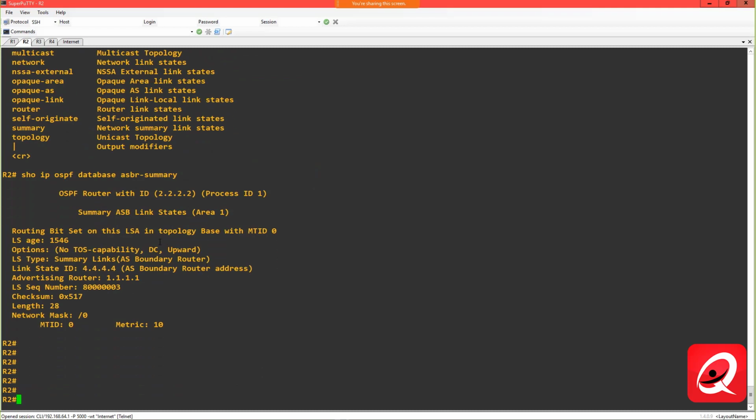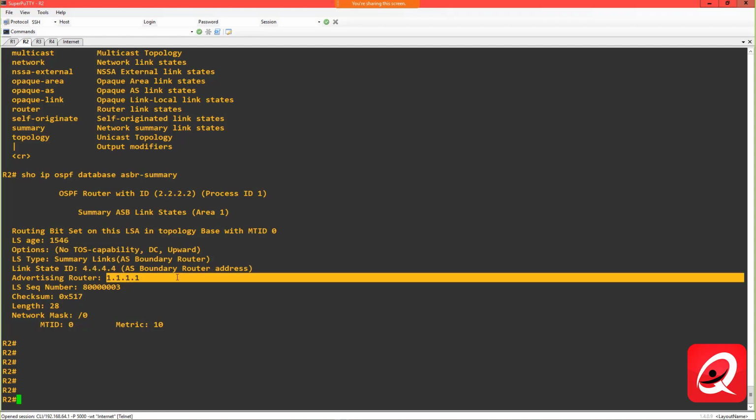So the link state ID is the autonomous system boundary router ID. And the router that I need to go to get type 1 reachability to that router is router 1. So router 1 is basically saying, come to me if you need to reach router 4.4.4.4.